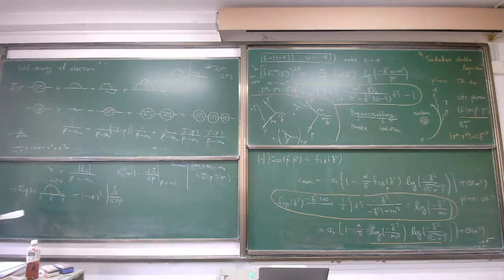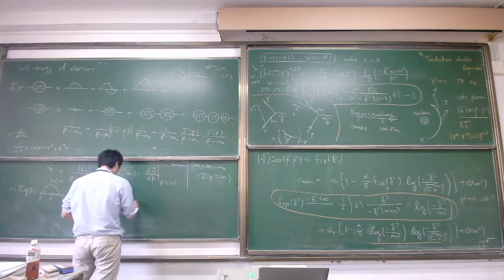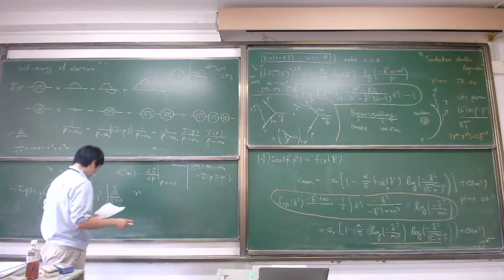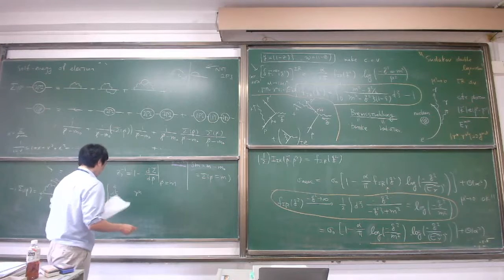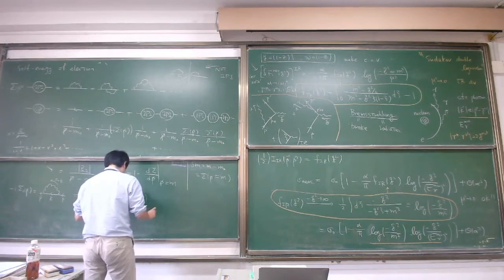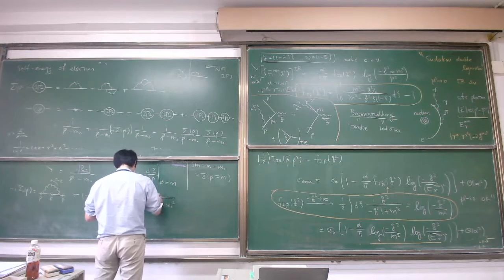Then we have gamma mu, and maybe I should write it this way: k squared minus m squared, k slash.